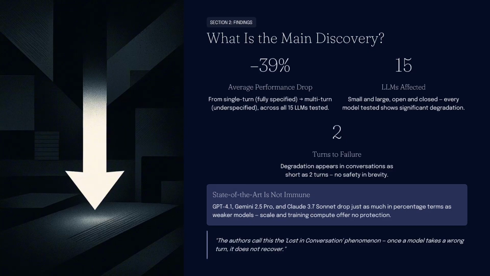Third, the state of the art is not immune. Bigger, smarter models drop just as much in percentage terms as the weaker ones. The authors named this the lost-in-conversation phenomenon. Once a model takes a wrong turn, it does not recover.